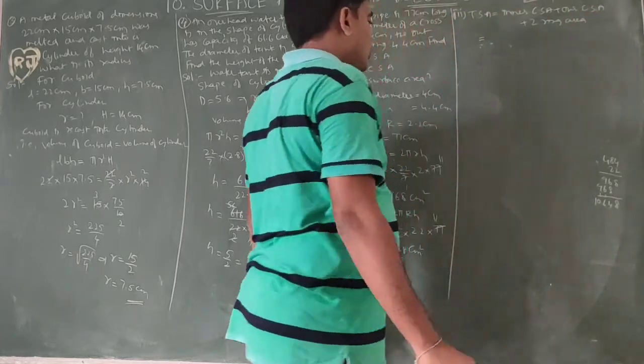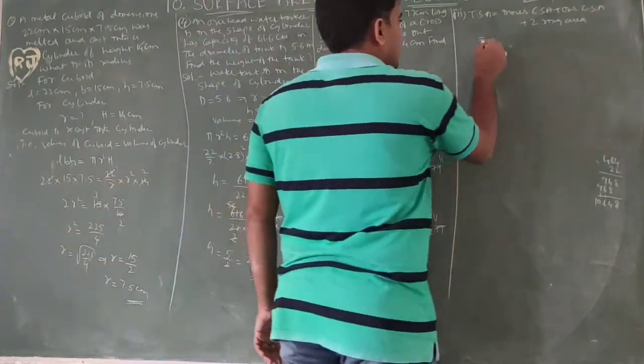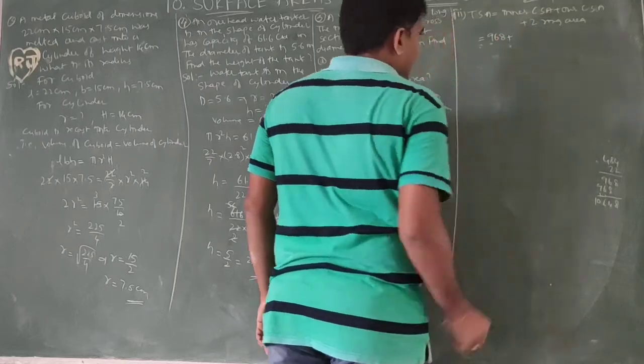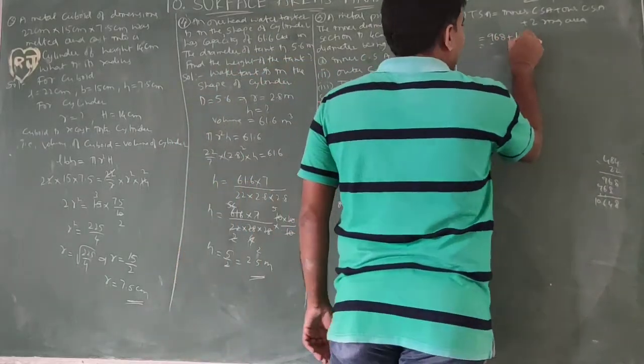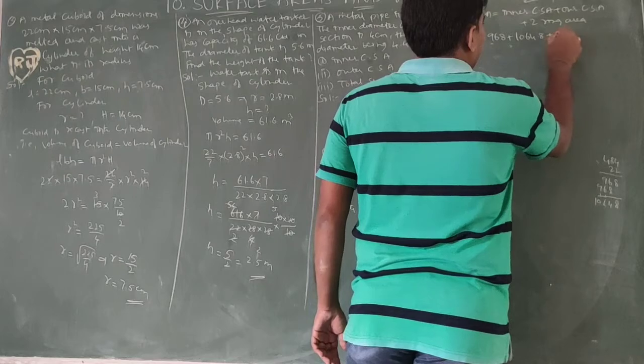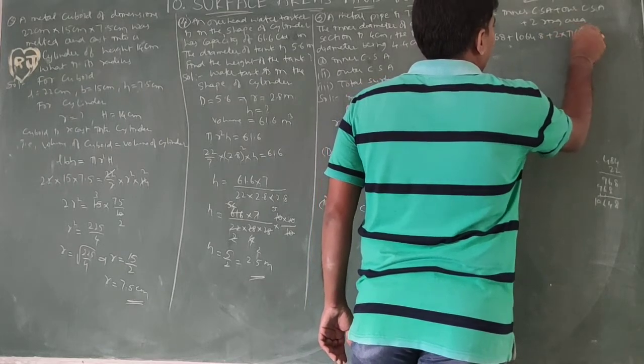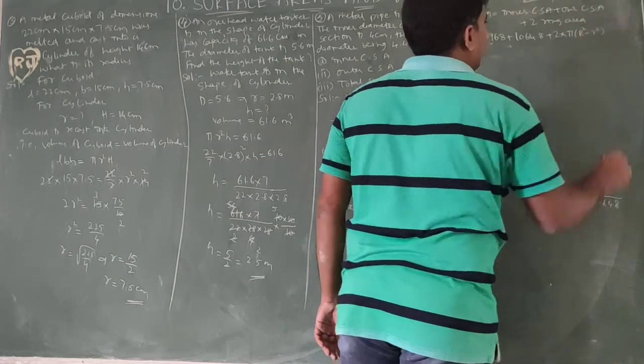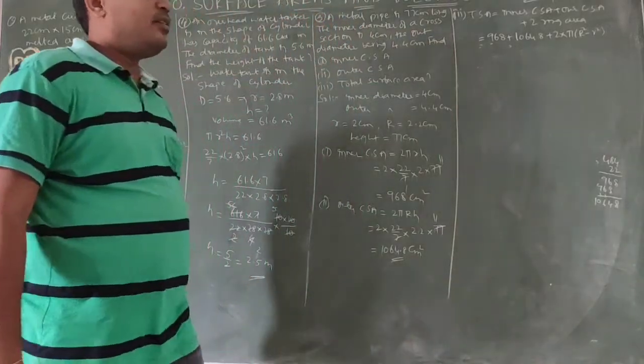Inner surface area 968 plus outer surface area 1064.8 plus 2 into ring area, pi of capital R squared minus small r squared. This is the ring area formula.